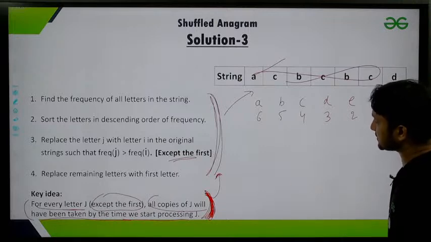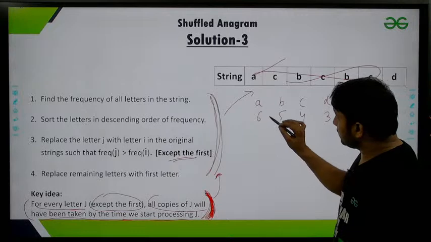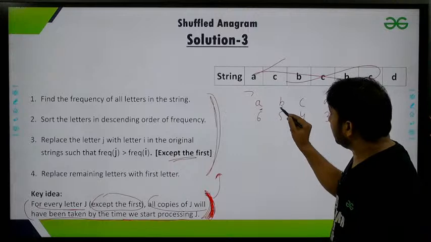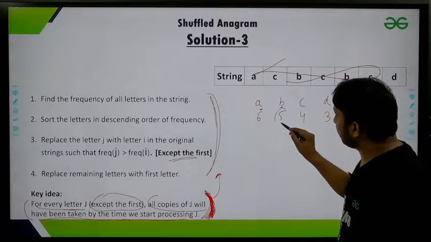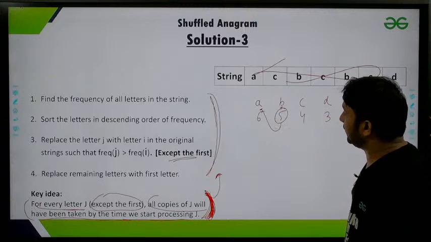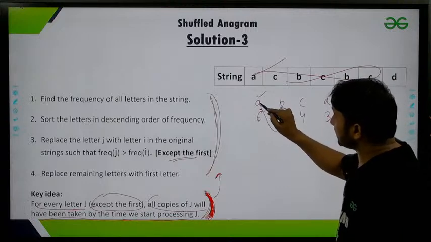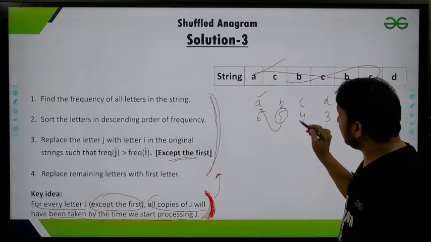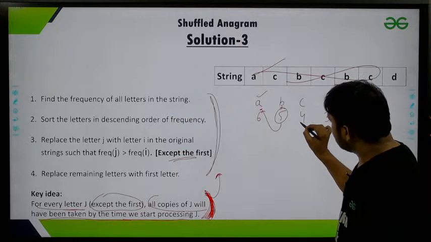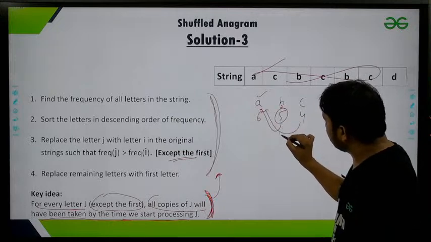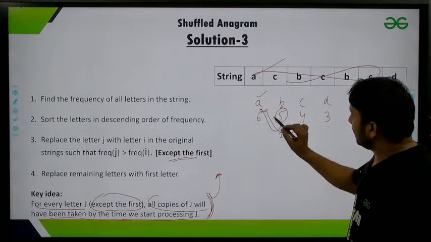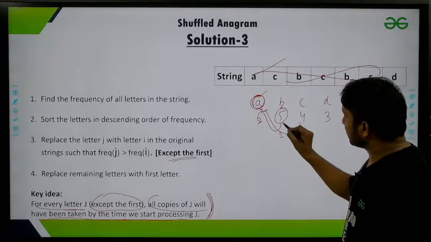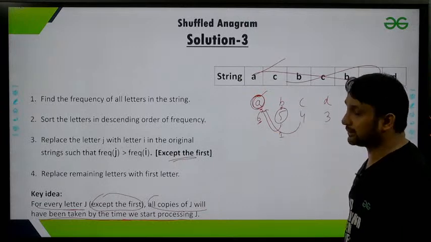What this algorithm is doing is replacing A with B. How many B do we have? 5 B. He is processing A, replacing the original A with B. But we have 5 B, so he will take 1 C also. So he will replace all 6 A with B and C.